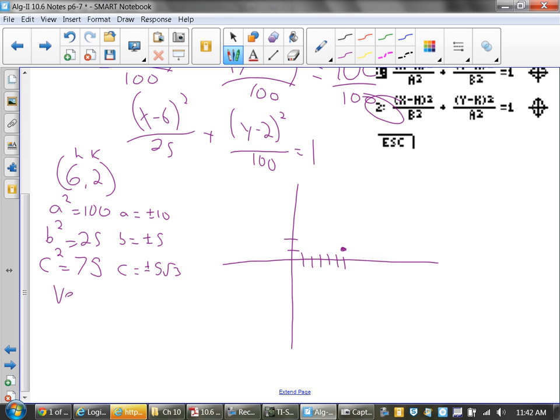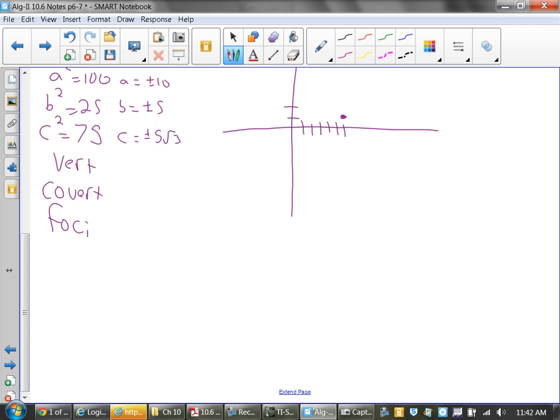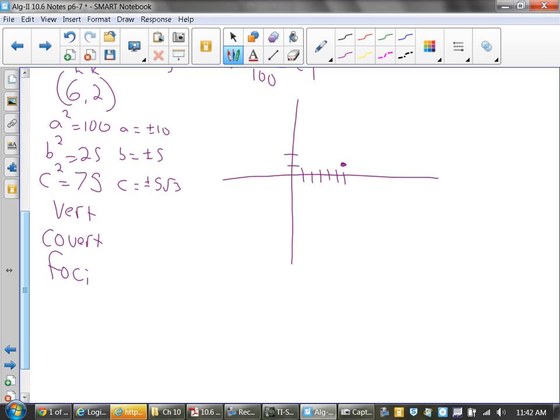So my vertex, co-vertex, and focus. If I'm moving up 10 from the center, what am I adding to, the x value or the y value? The y value. So my vertex will be at 6, 12, and 6, negative 8.